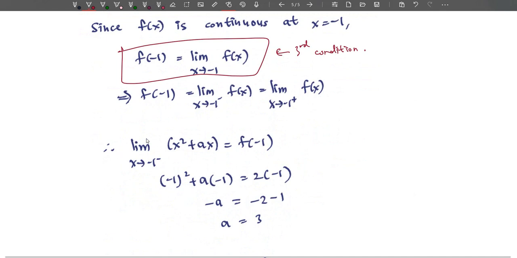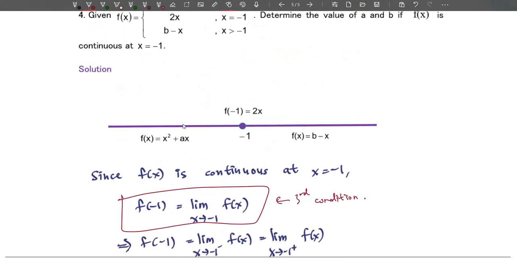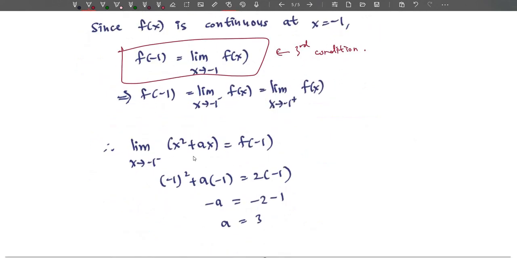Next, here, we need to compare one by one. So the first one will be the limit as x approaches -1 from left. This function, because it is from the left, is equal to f(-1). Why do I compare with f(-1)? It will be redundant if we compare the limit from left and right, because at that moment you still can't solve for a and b.